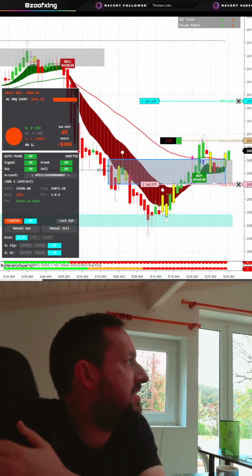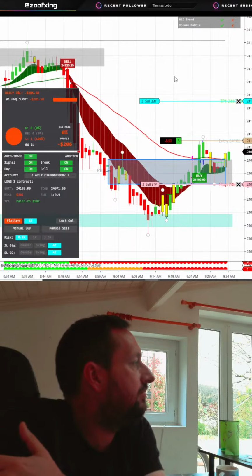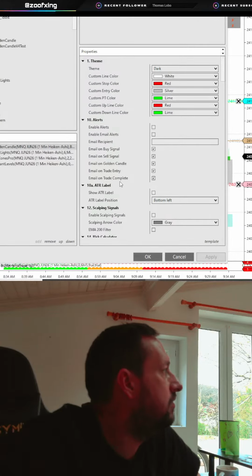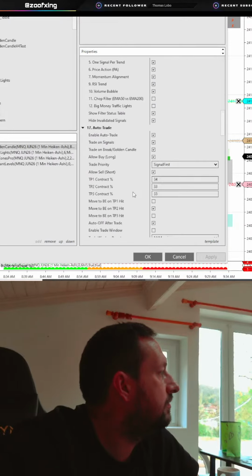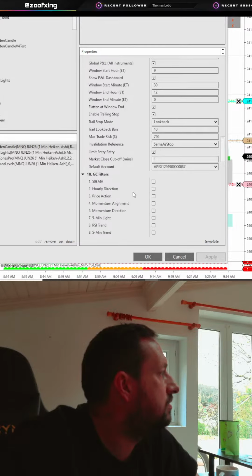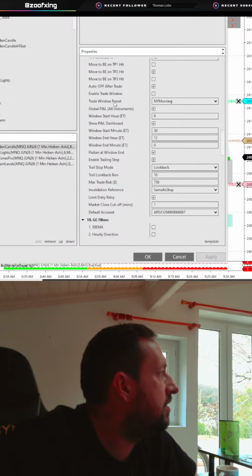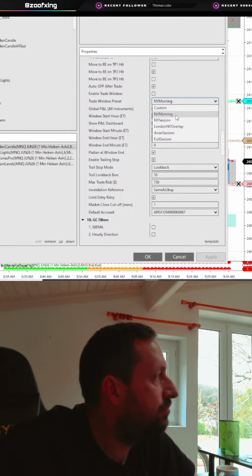So we can go into the settings, right? We can go down to our trade schedule here, right? So at the moment you can see trade window present New York, right? So you select whether you want custom, full session, New York morning, which is the 9:30, right? So you can just select New York morning, tick on your trade window.